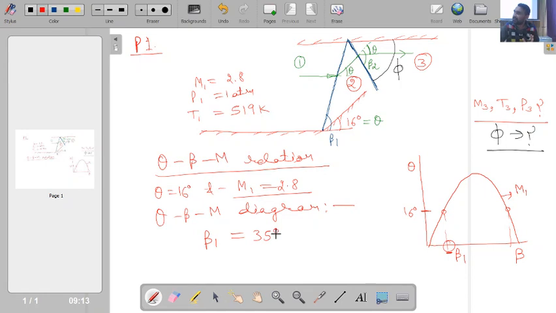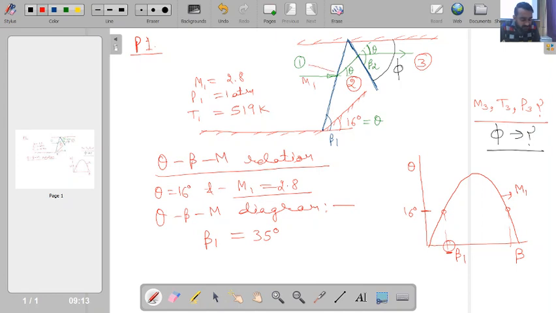Is this point clear? Now the relations we have derived for the normal shock wave will be applicable. The only difference is that we have to consider the Mach number in the direction normal to this wave. So here this is my Mach number M1.